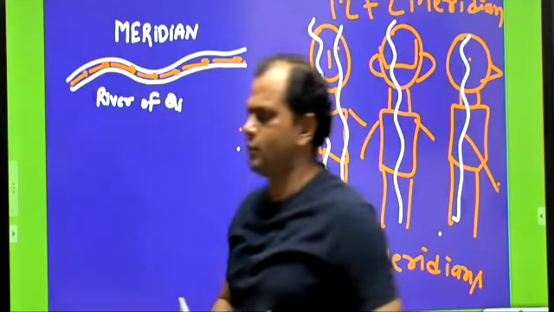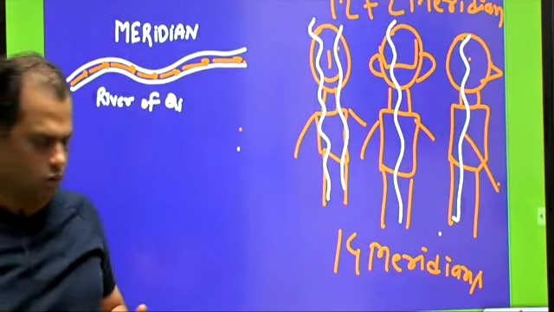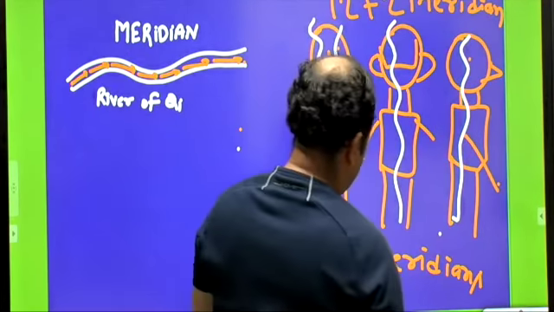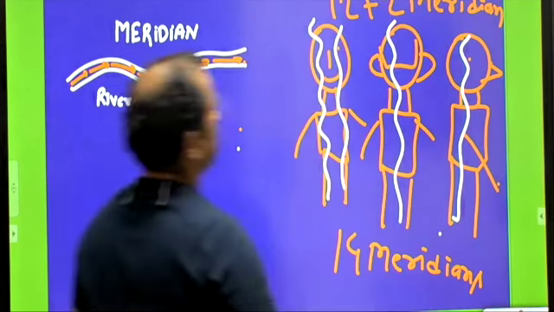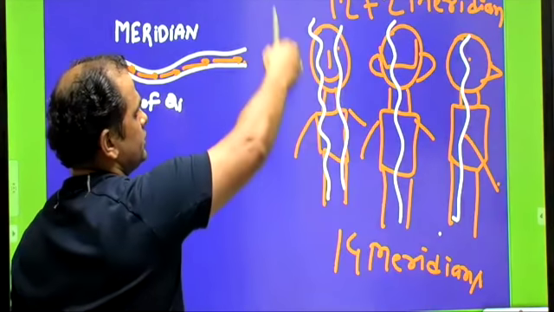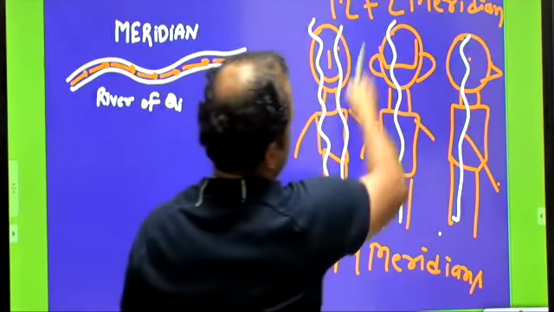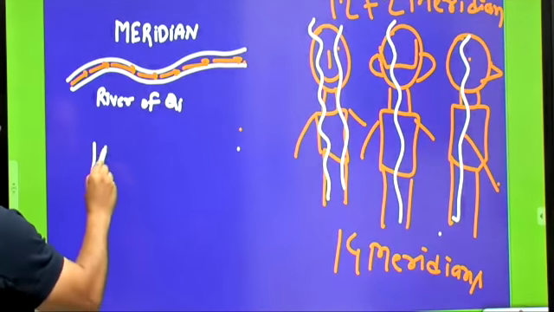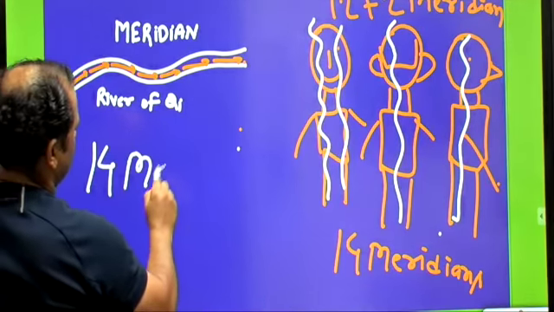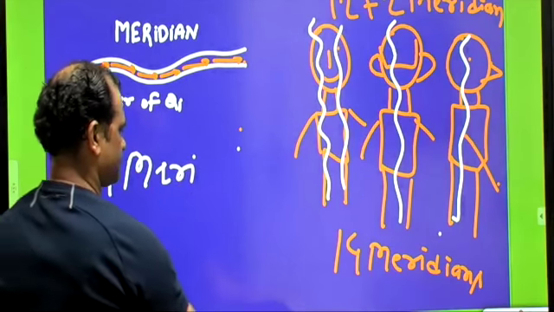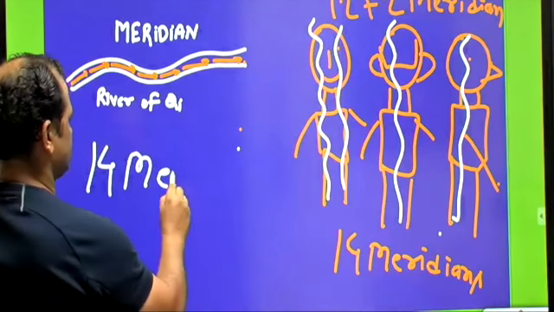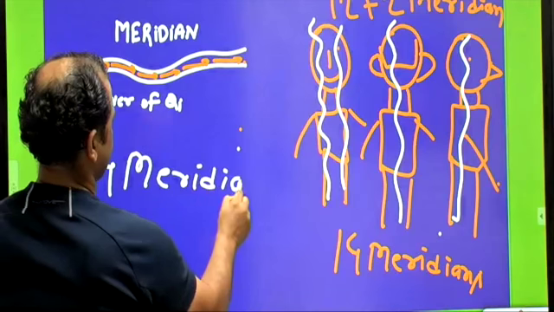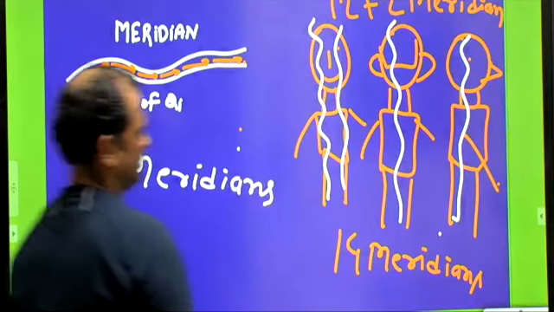So, in our human body, we have 14 routes of energy, and with the help of these 14 routes, we can treat any problem, whether on the front side, the back side or the lateral side. Our target is to discuss all 14 meridians one by one.